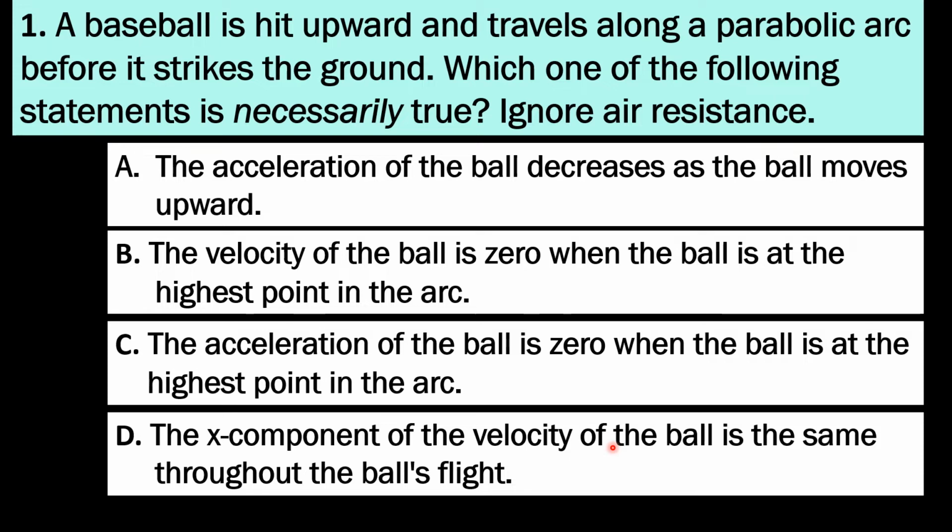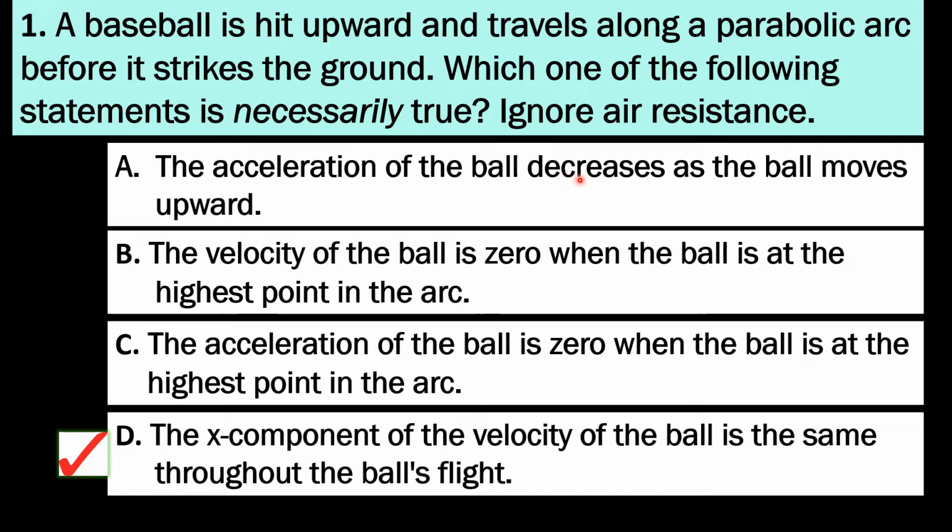The correct answer is letter D. Why is this so? Let's review each statement again. Why is statement A considered incorrect? The acceleration of the ball decreases as the ball moves upward, so the word decreases makes the statement incorrect.